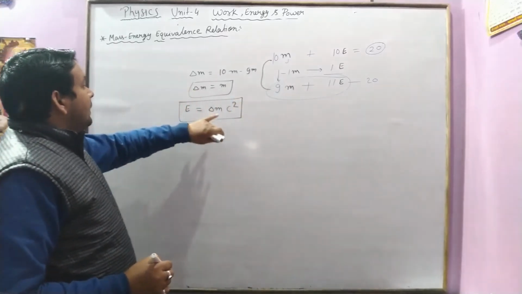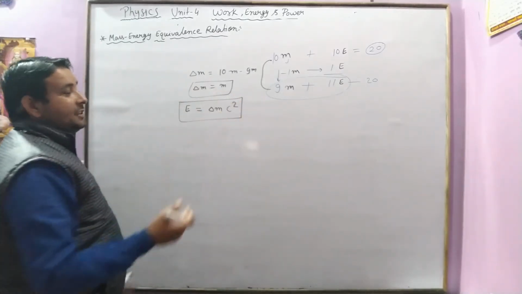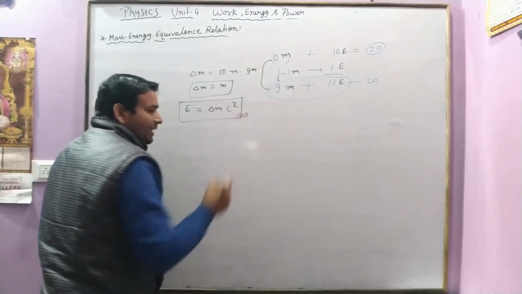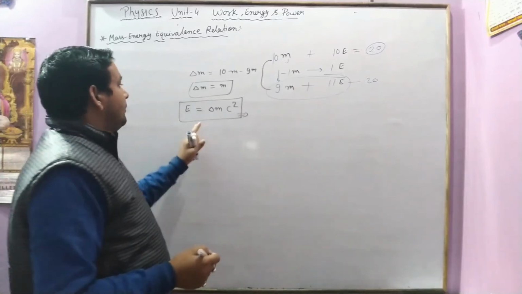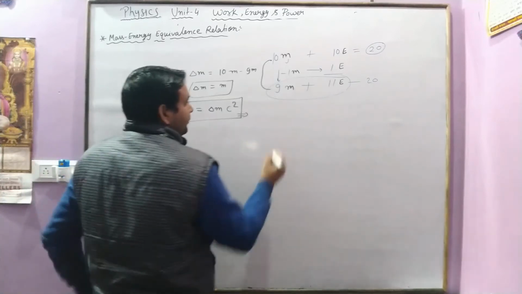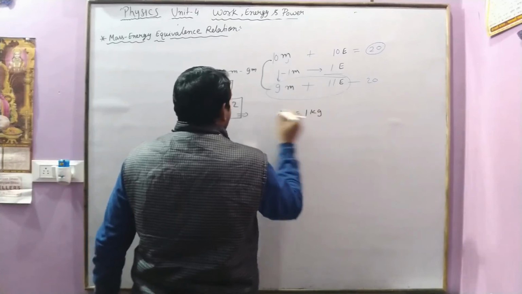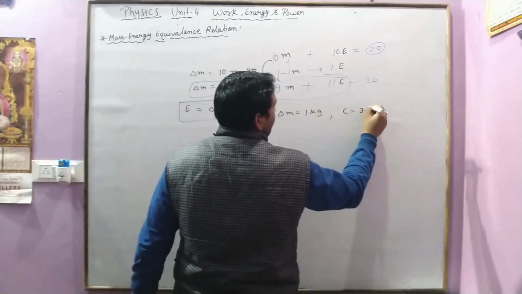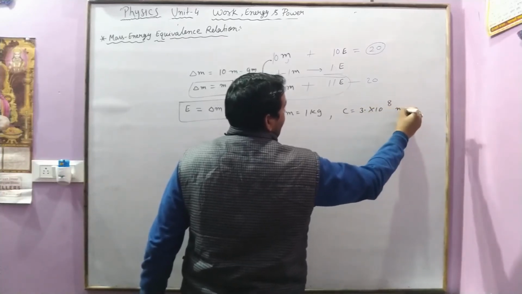Then we calculate how much energy is released by the particle. According to this, we can calculate for a mass of 1 kg: let's say m is 1 kg, and the speed of light c is equal to 3 into 10 to the power 8 meter per second.